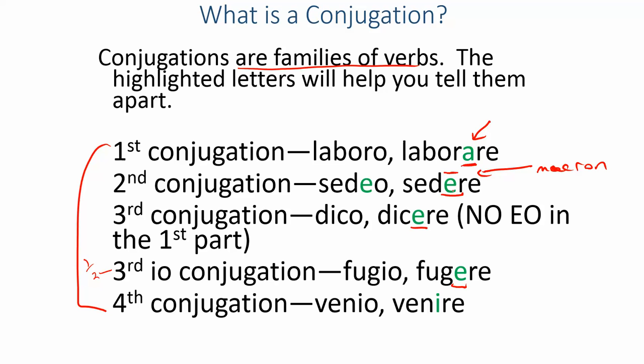That long E signals it's second. Also, I give you a way without the long mark to know that it's second, which is that it has an EO in the first part of the dictionary entry. Thirds have an E but no EO and no macron. Third IOs have an E and then an IO. Fourth, thankfully, is easy again, just like first. They all have IRE, so if it has an I, it's fourth.